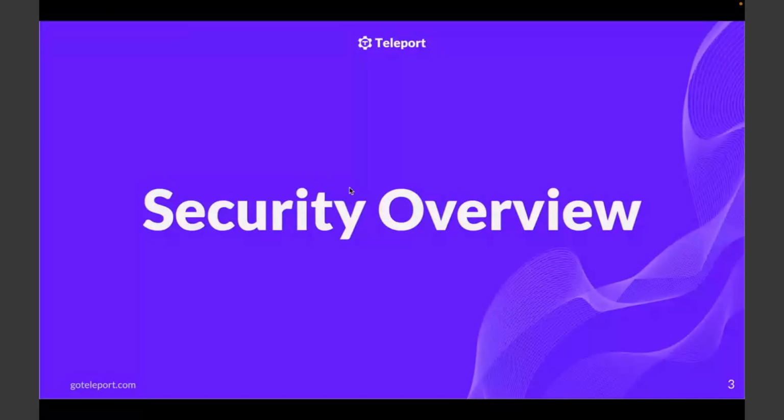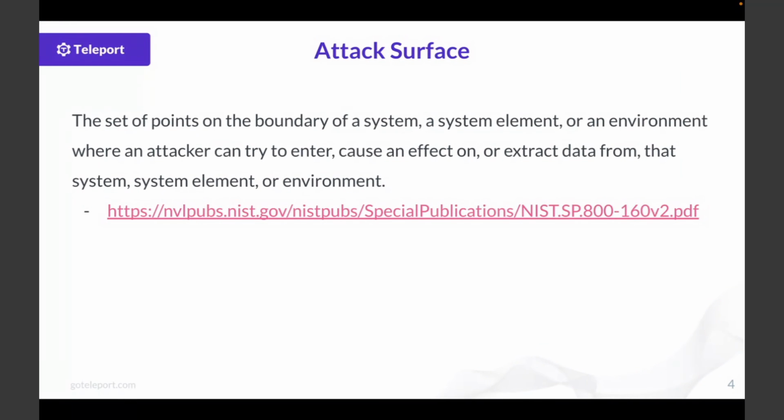In this section, I'll define a few key security concepts, as I mentioned. The first one is going to be attack surface. As you can see here, this is according to NIST. An attack surface is the set of points on the boundary of a system element, or an environment where an attacker can try to enter, cause an effect on, or extract data from that system element or environment.